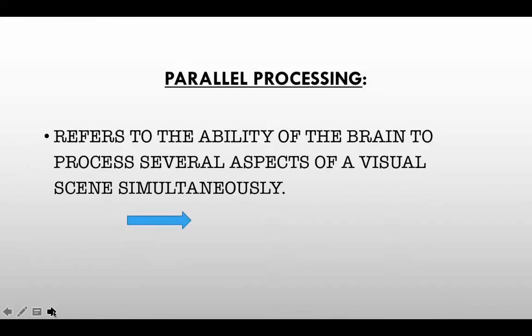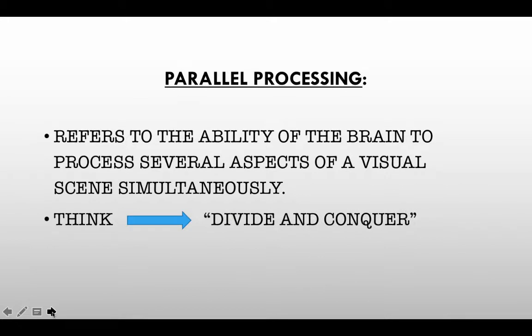Parallel processing refers to the ability of the brain to process many different aspects of a visual scene separately and simultaneously. This explains why we can process a visual scene so incredibly fast. You want to think divide and conquer here, okay? Divide and conquer.